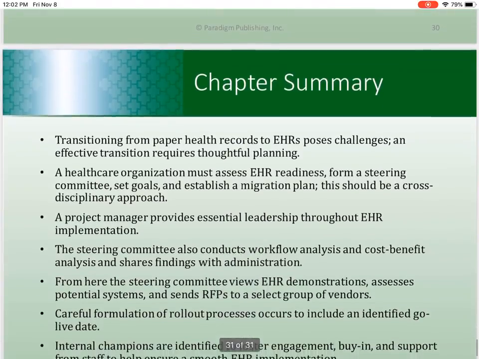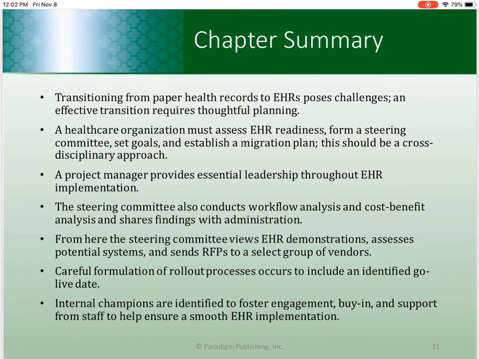Okay, so all that's left now is our chapter summary. It's relatively short in the book, so I'm going to go ahead and read it out of page 371. The transition from paper health records to electronic health records can be a challenge. Each organization must be thoughtful as it determines how to initiate this process.